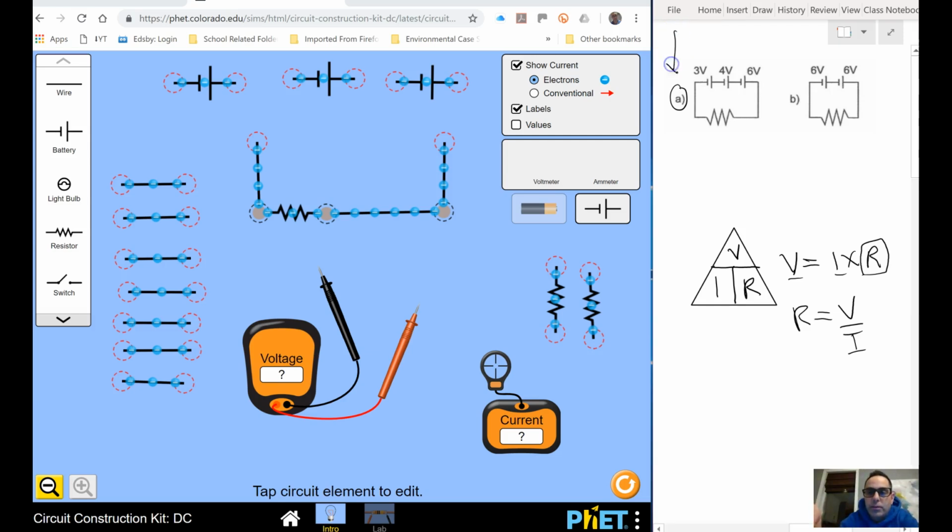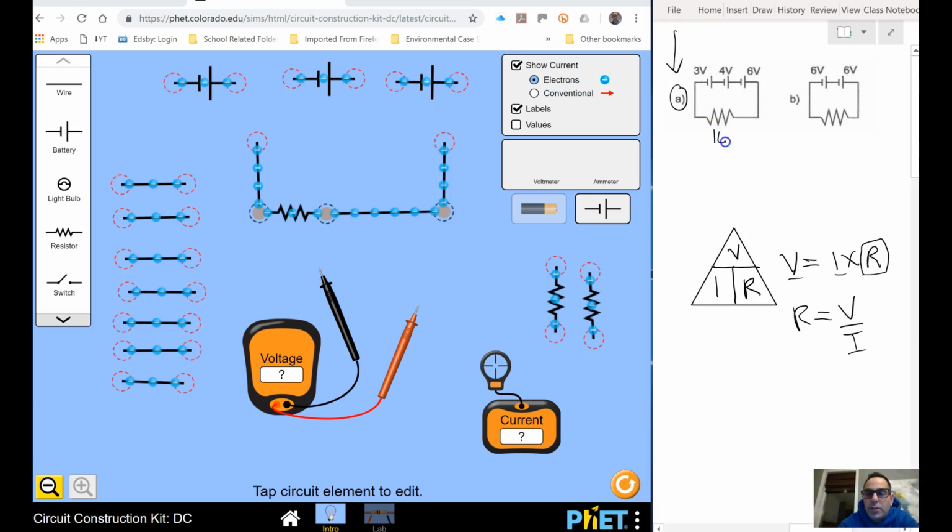This is the first one I want to take a look at, where we've got three batteries hooked up in series, and we've got a resistor in the circuit, and we want to know what the total voltage is in that circuit, as well as can we determine what the current would be and what would be the resistance.